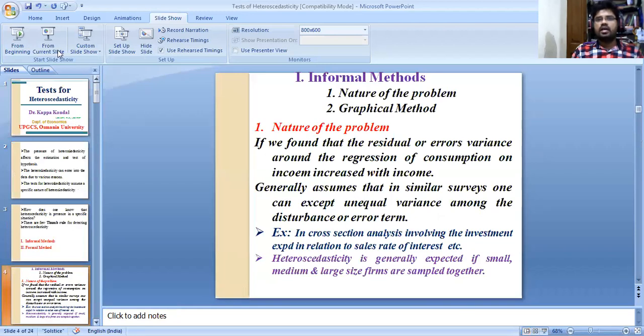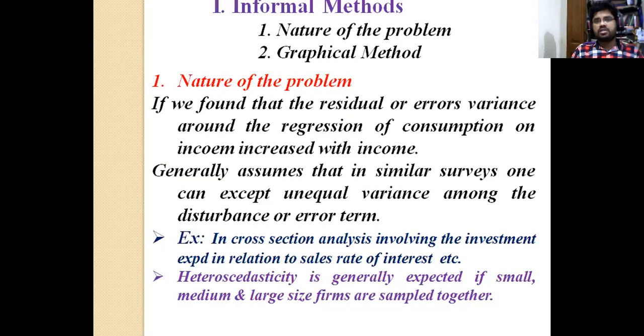See, that is the nature of the problem. Generally, in cross-section data, for example in cross-section analysis involving investment expenditure in relation to sales and rate of interest, see how much they are investing and what the rate of interest is. If they want to examine the relation between investment expenditure and rate of interest, heteroscedasticity is generally expected if small, medium and large farmers are sampled together.